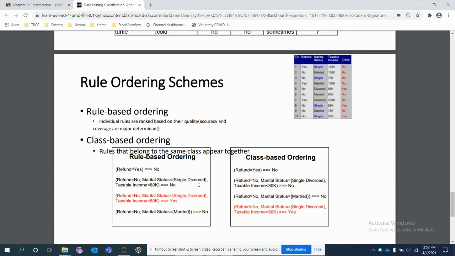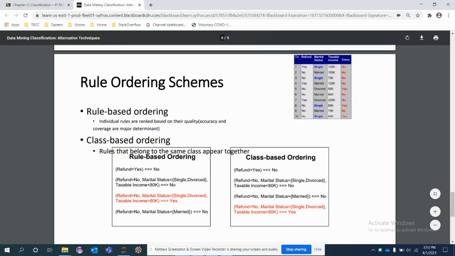In the same way, all these rules have their own accuracy and coverage details. Accuracy will be 100% and coverage will be 10% for the second one. Then the third one, refund is equal to no, marital status is single and divorced, and taxable income is greater than 80. For this, the accuracy and coverage will be 100% and 30% respectively.